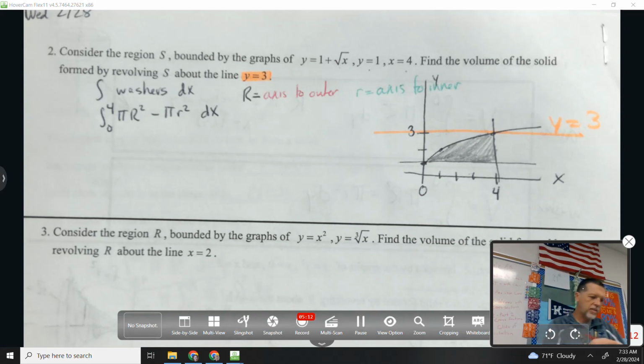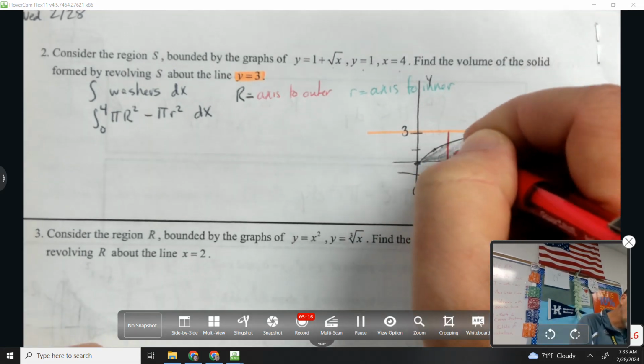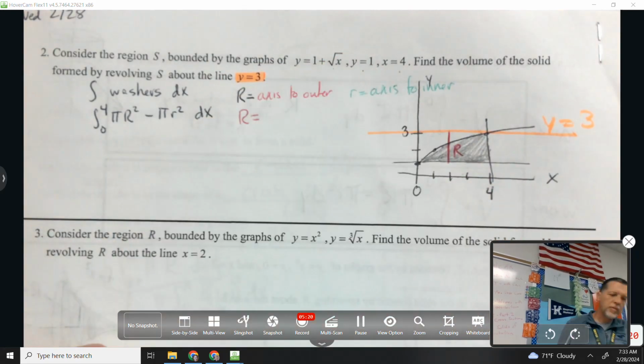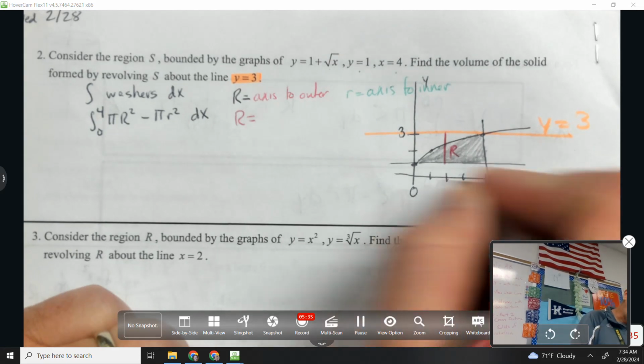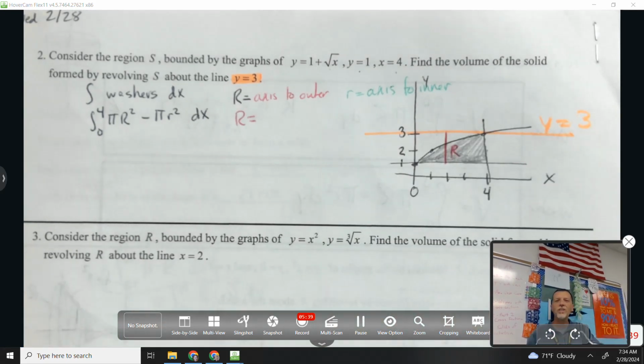So axis to outer edge, that would be that distance right there. Can you see how long that radius is? Careful. Here's my x-axis down here. So how long is that line? 2.